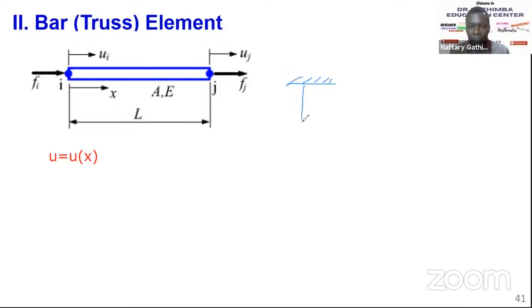So let's consider a case whereby that's our bar, and maybe there is a load suspended here, so that the applied load is in the direction of the length of the member.